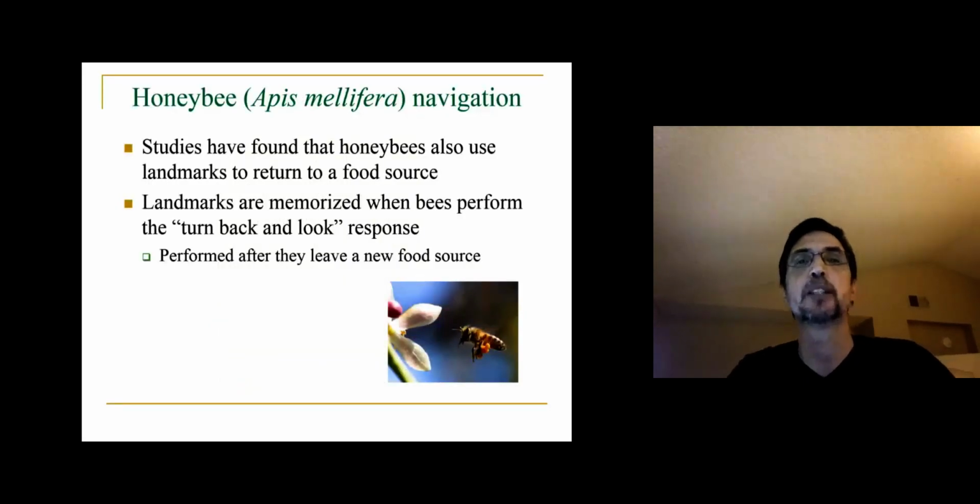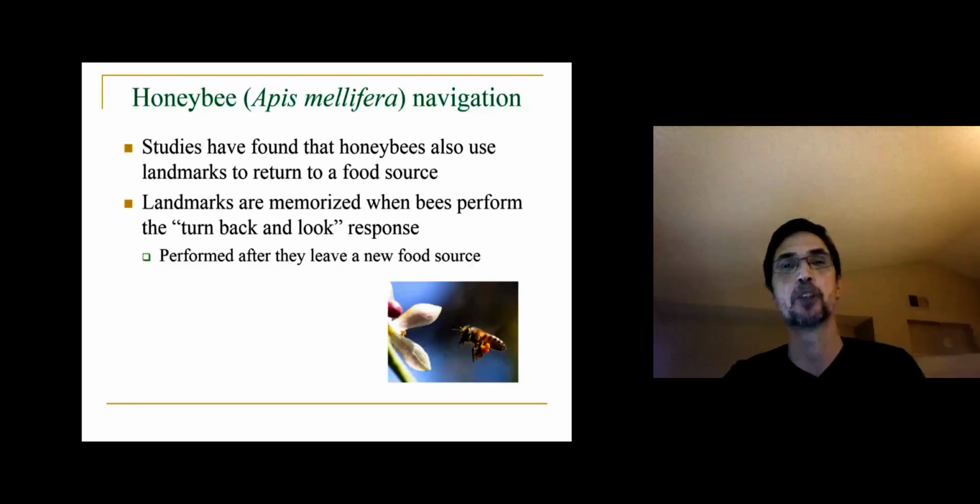There's also been more recent studies with honeybees, not wasps, that have found that bees can also use landmarks in addition to other features in order to return to a food source. Right? So when a bee finds a food source that it likes, it returns there until that food source is depleted.